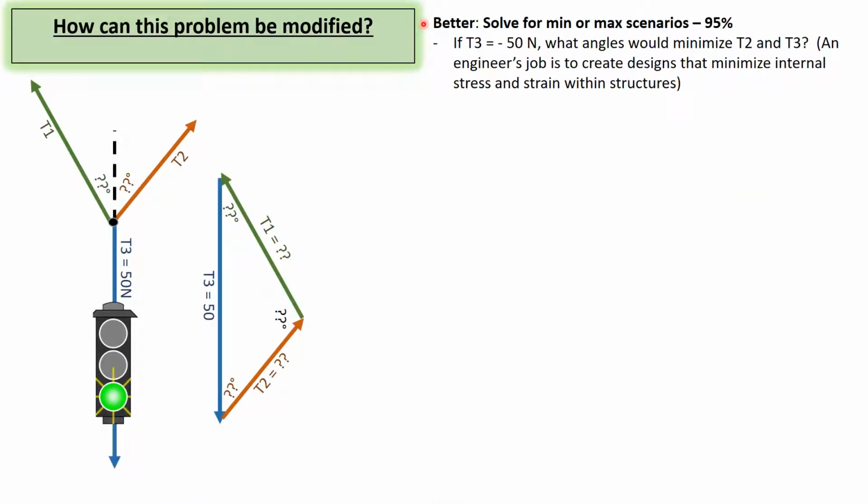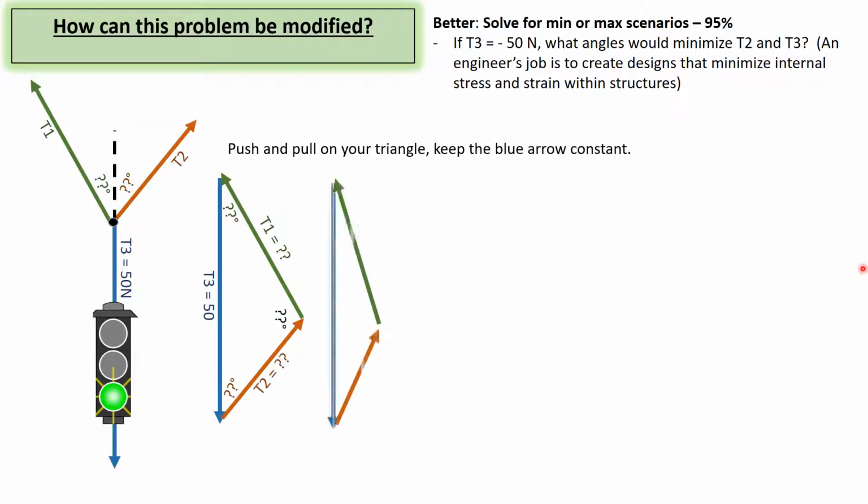The next modification, we're going to set these angles equal to one another and decide what angle is going to create the smallest tensions up here. And for this one too, the way to solve it is to think about how this triangle is going to change as we change these angles.